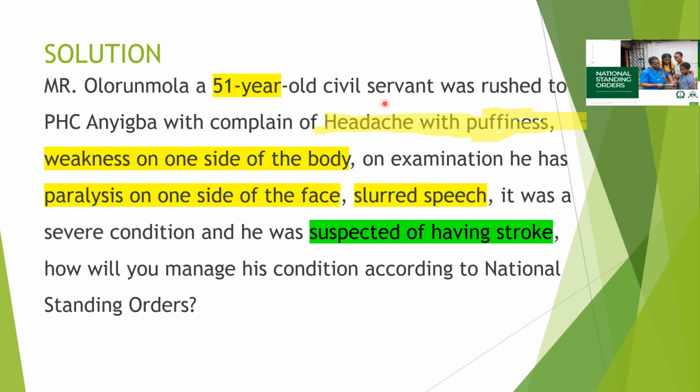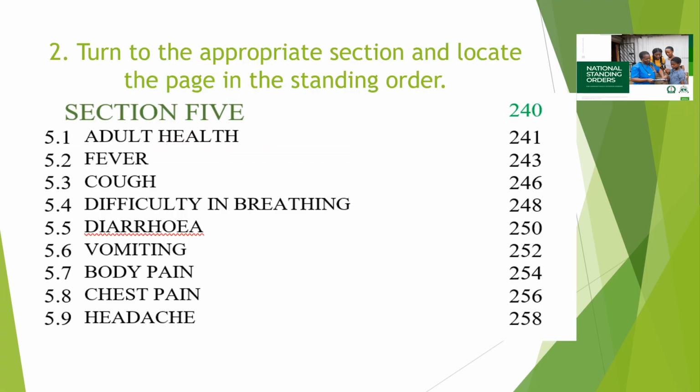Based on this headache, a 51-year-old will first of all go to adult health to look for the condition. Adult health is section 5, which is to turn to the appropriate section and locate the page in the standing order.